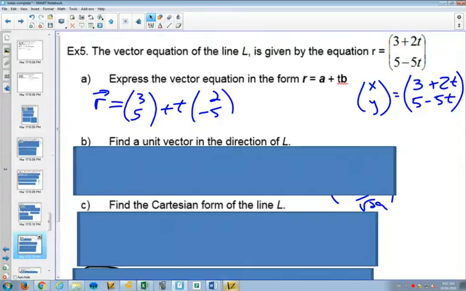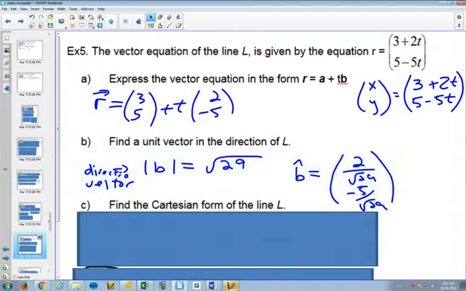Okay, you've thought about that. If you want to find it in the direction of L, you would want to use your direction vector. So the length of 2, negative 5, square root of a squared plus b squared, will give you the square root of 29. And then your unit vector will equal this, or if you'd like, I often prefer to write it like that.